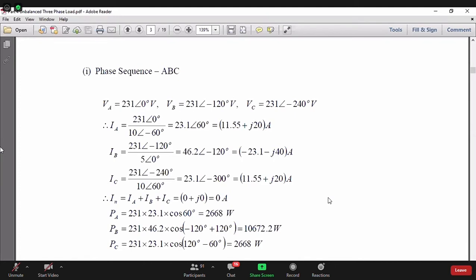It's wrong. Because you can see from this example that the 3 impedances here, ZA, ZB, ZC are different. Voltages are same, they are balanced, but the neutral current is 0. That means even for an unbalanced impedance, your neutral current can be zero.